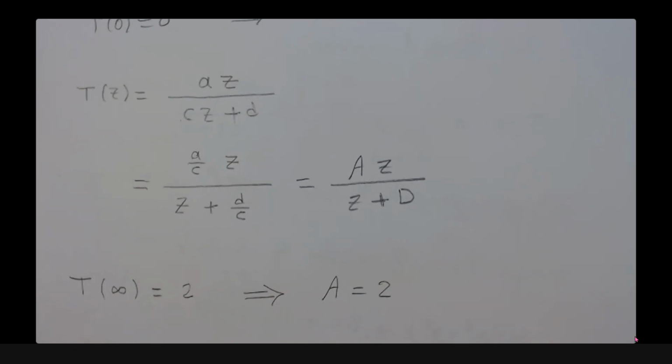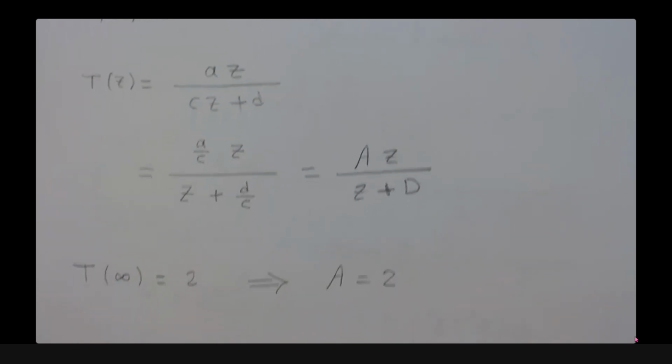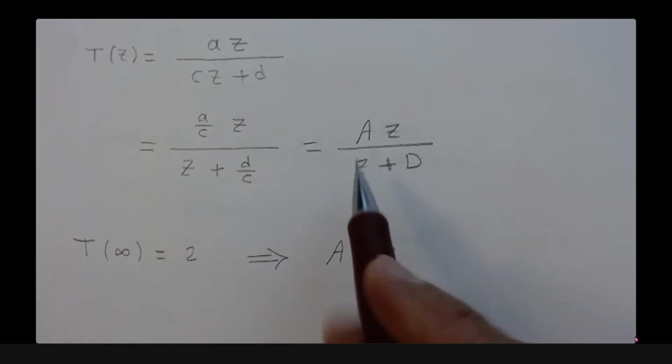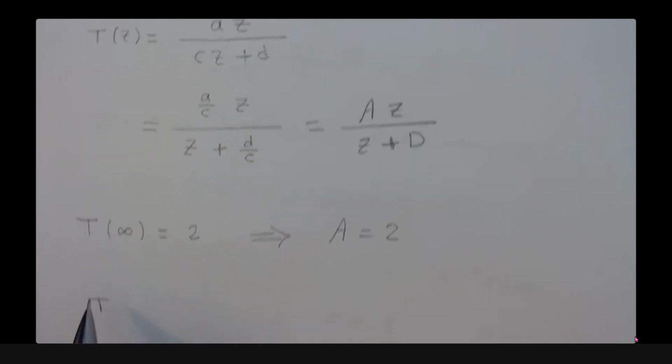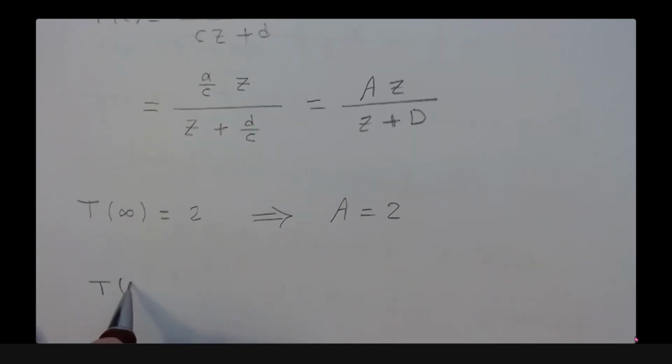So everything is down to the fact that the function we are looking for, the function that satisfies those 2 conditions, so far we know that it is 2Z in the numerator, Z plus D in the denominator. Okay.